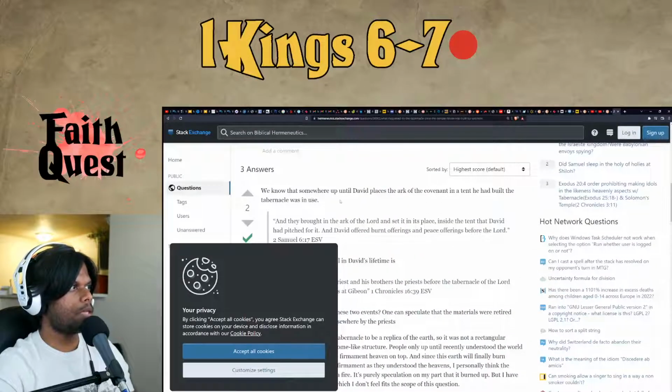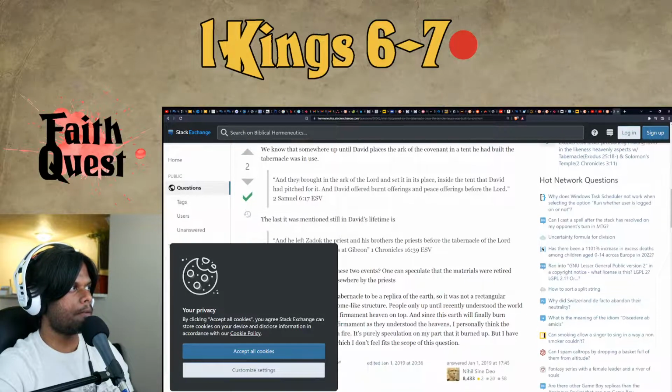We know that somewhere up until David places the Ark of the Covenant in a tent he had built, the tabernacle was in use, right? Okay. They brought in the Ark of the Lord and set it in its place. Okay, wait, hold up. They brought in the Ark of the Lord and set it up in its place, inside the tent that David had pitched for it. And David offered burnt offerings and peace offerings before the Lord.